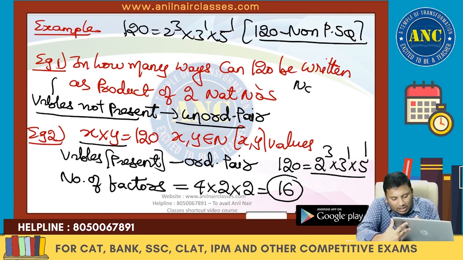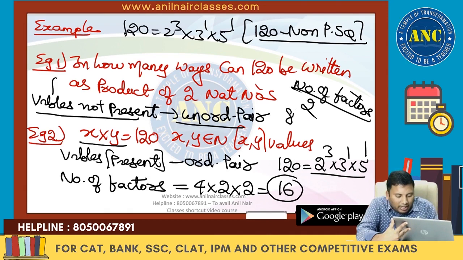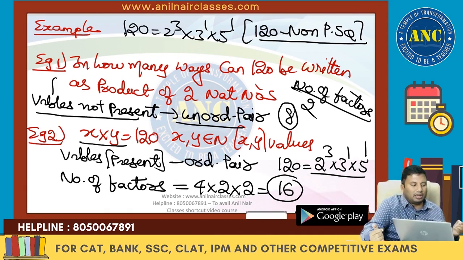So the answer is number of factors by 2. 16 by 2. Answer is nothing but 8.